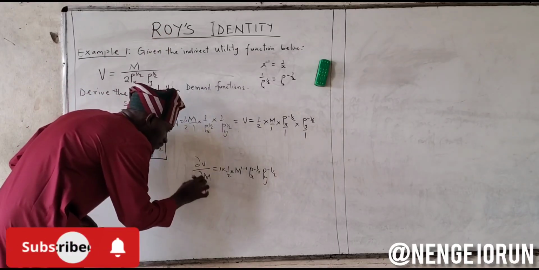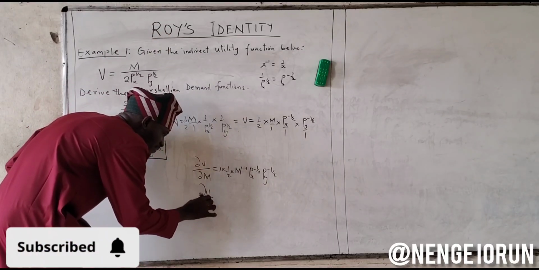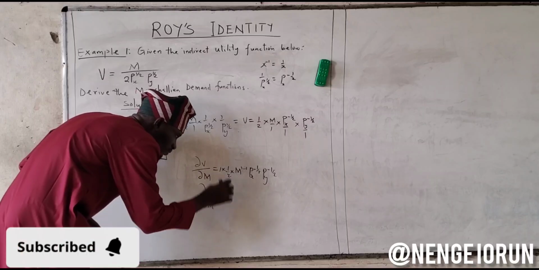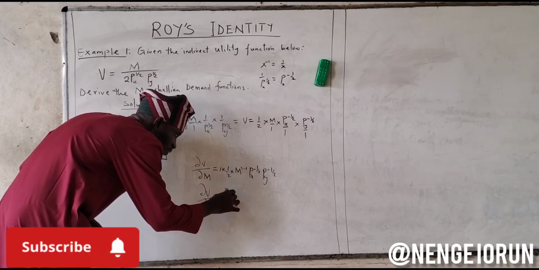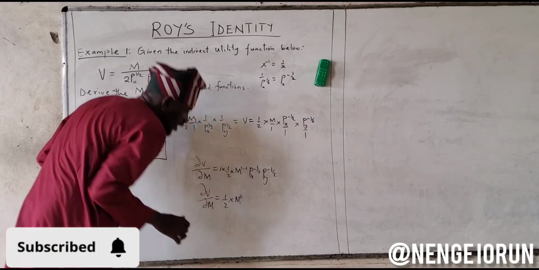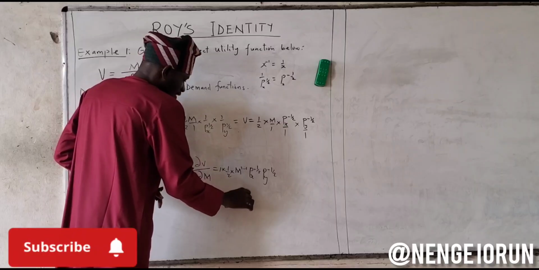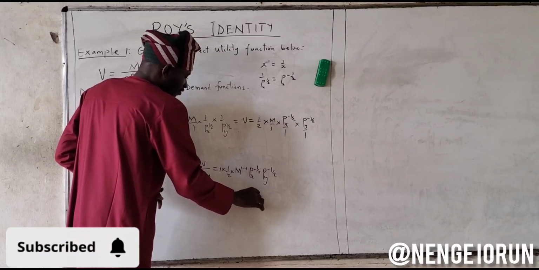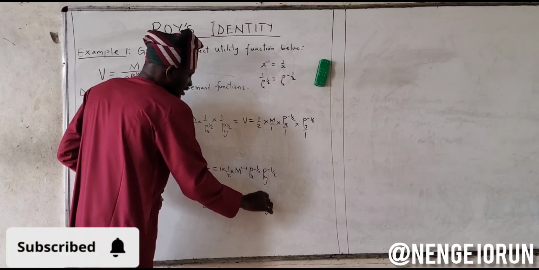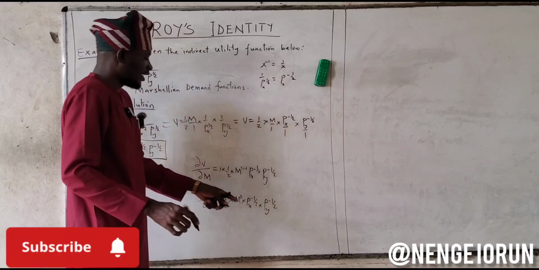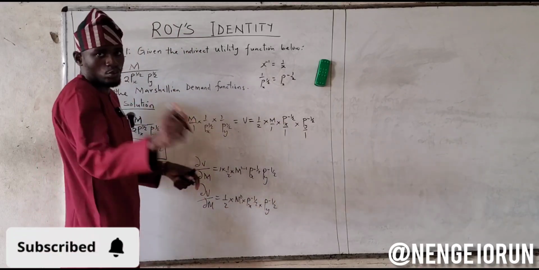Now this will give us the partial derivative of V with respect to M equal to 1 over 2 times M raised to the power of 0 times Px raised to the power of negative half times Py raised to the power of negative half. Now any number raised to the power of 0 is 1.